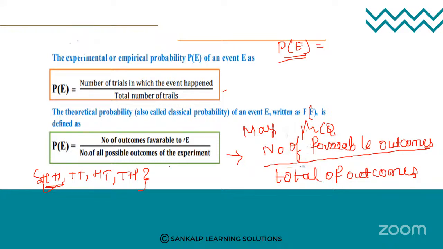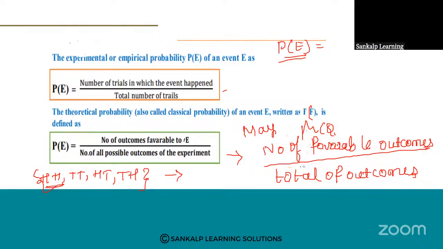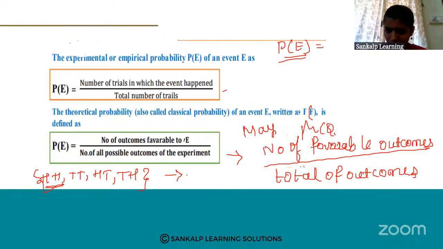So there is only one. That means the number of ways of getting 2 heads at a time is the favorable outcome. How many favorable outcomes do we have? Only one. Total number of outcomes: how many outcomes are there here? 1, 2, 3, 4.